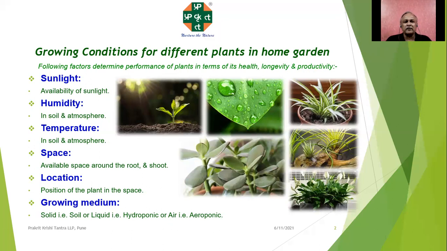And then the growing medium, because the substratum or the growing medium can be solid, that is soil, or liquid, like in hydroponics, or maybe air also, like aeroponics. So growing medium is important, and not all plants perform well in hydroponics or aeroponics.